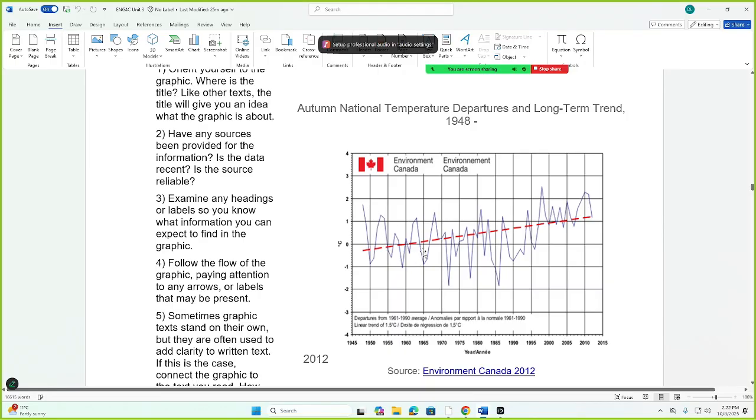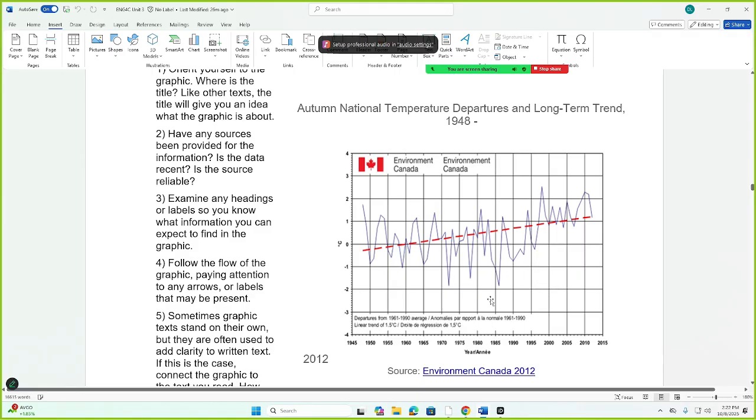So you can see how it's gone up and down and fluctuated over the years, but there's a general trend, right, that's indicated by this orange line here, that the departures from the averages and the long-term trend is rising. So that's what this short snippet in time tells us, the information that we have on it.